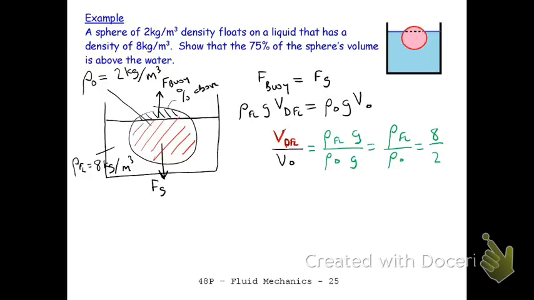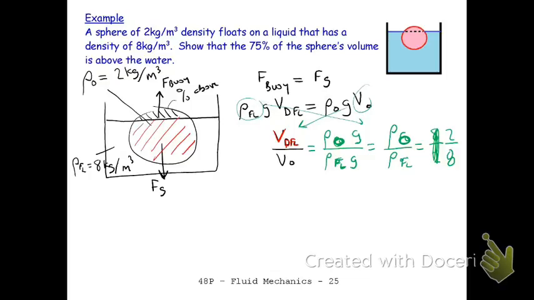I got that the wrong way around, I think. Just bear with me a second. Yes, I got that backwards. Take that to the other side and it goes on the bottom. It was going so well as well. So it's going to be the density of the object over the density of the fluid, not the other way around, which equals 2 over 8.